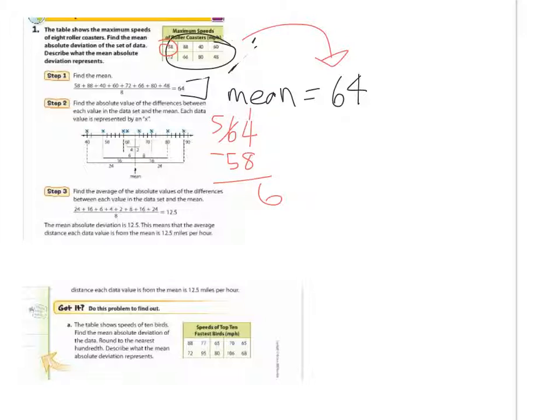Then you do the next number. I'm not going to do all of these, but you get the drift, right? You're subtracting basically all of these numbers from 64. So far I have a 6, I have 24, and you do this for each of these numbers.